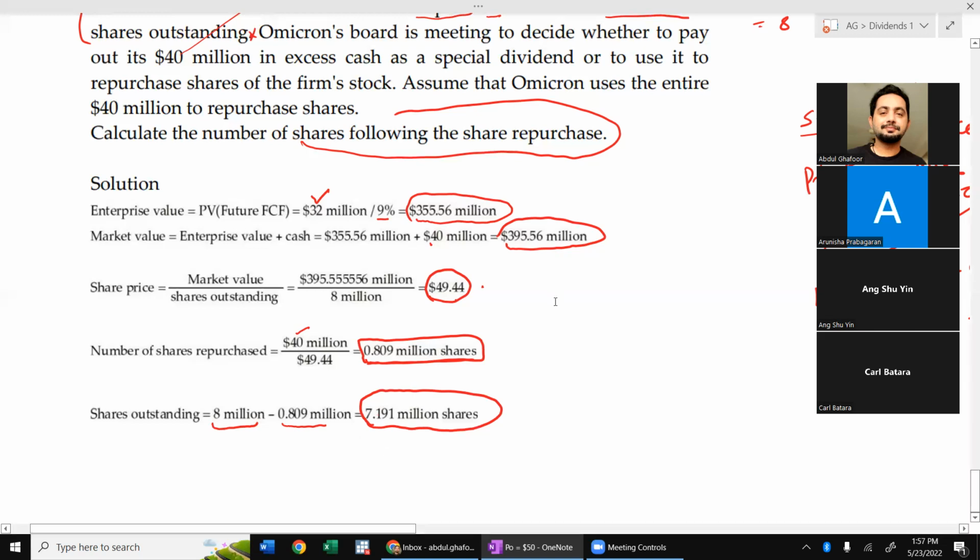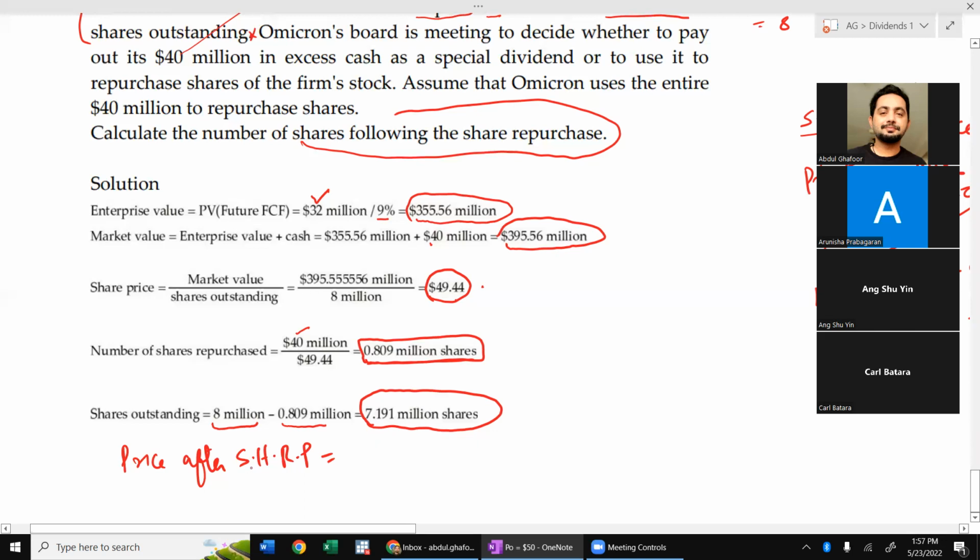Okay, may I ask you something? If I ask you what is the price after share repurchase, what should I write?